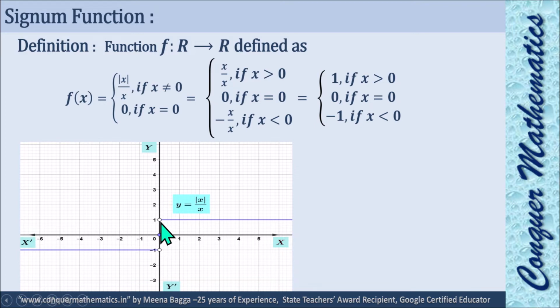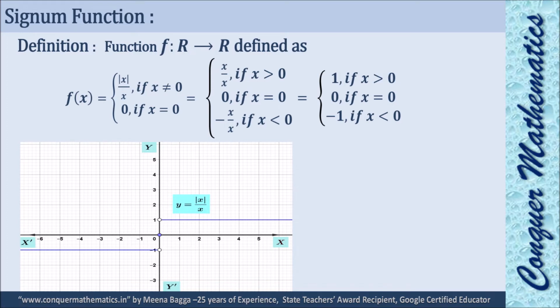But at 0 it is not 1, so we have put a small empty circle here. And for x less than 0, for all these values it is negative 1, so it is a constant function here. But at 0 it is not minus 1, so we put a small empty circle here. This is the graph.